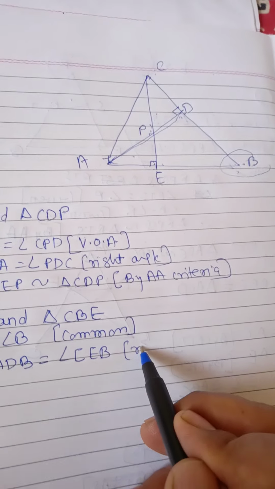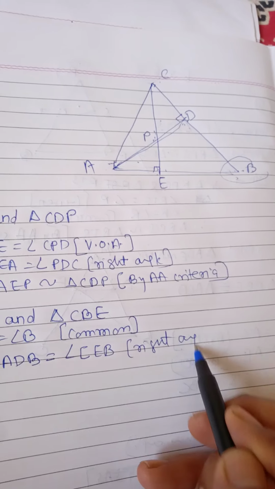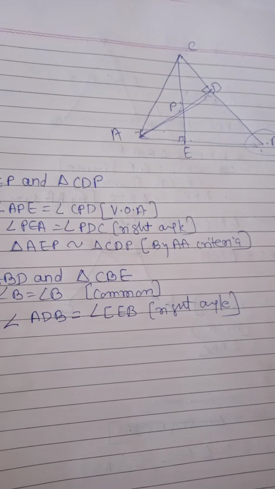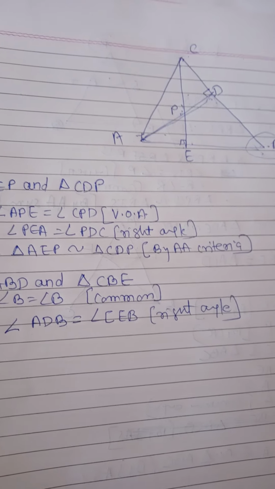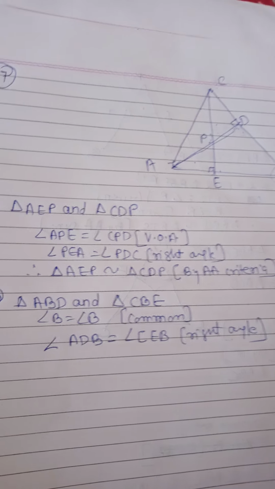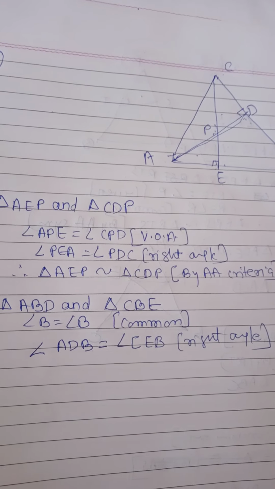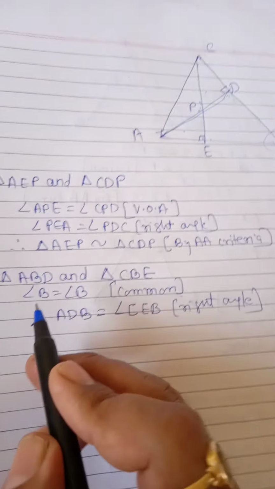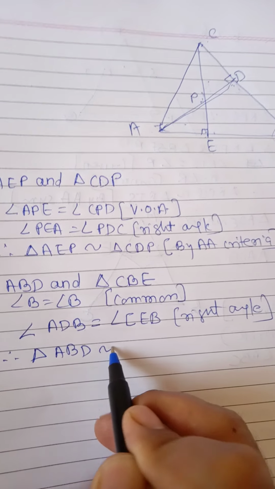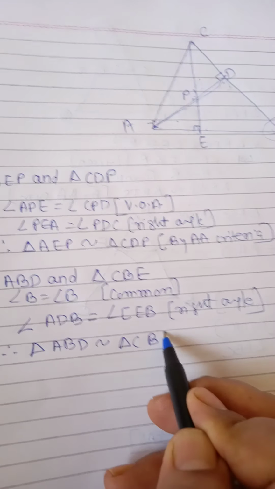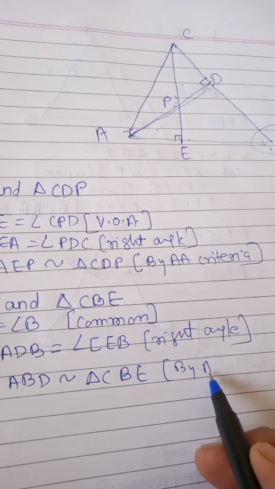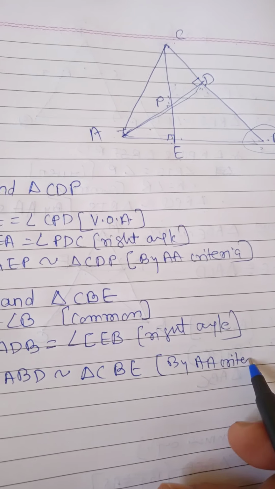Why? It is right angle. Just see it properly. ADB and CEB. You can see very clearly, it is what? Right angle. And common angle is B. We have taken. So we can write therefore triangle ABD is similar to triangle CBE by which criteria? By AA criteria.